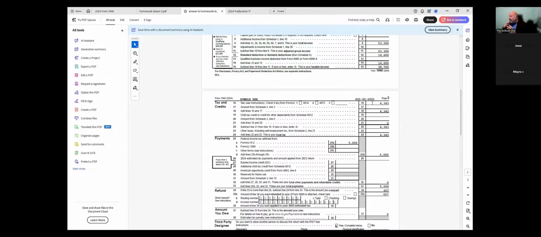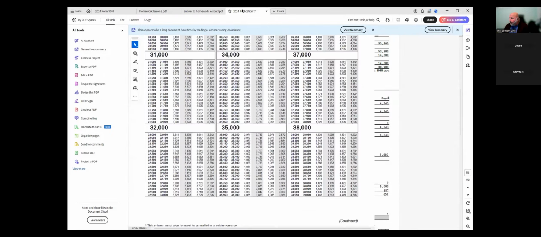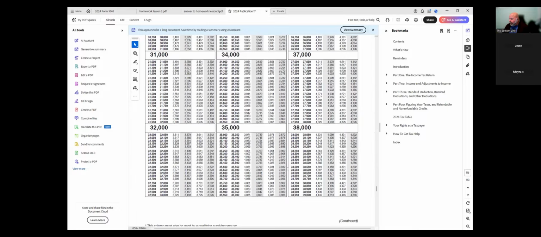When we do the software versus doing Pub 17, you can get two different numbers. I did my homework on the software and got a lower number than what we got here, because the software will pick the best tax liability for the client. But if you don't have the software, this is where you go to figure out your taxes.